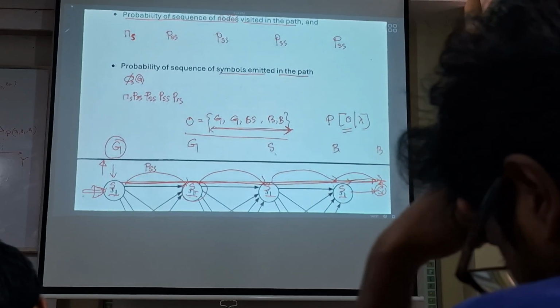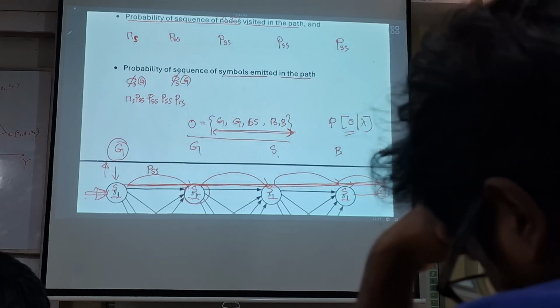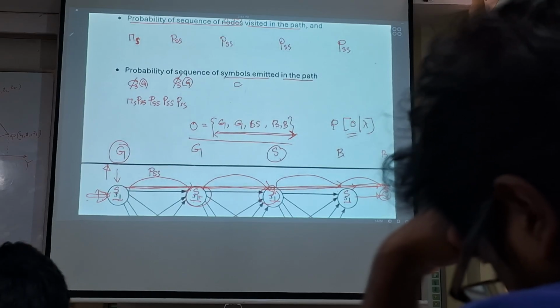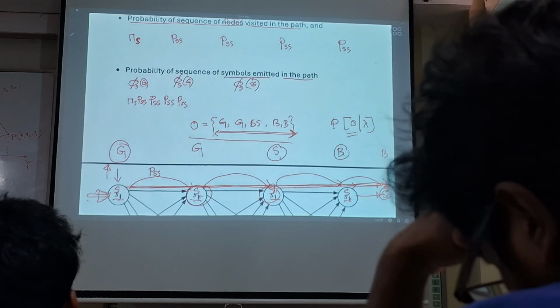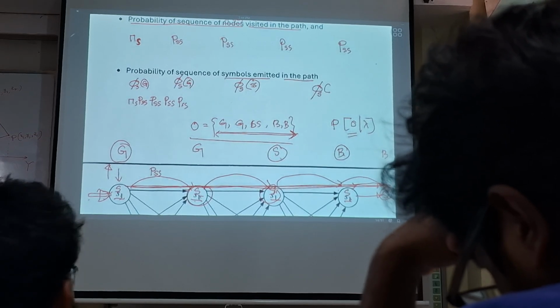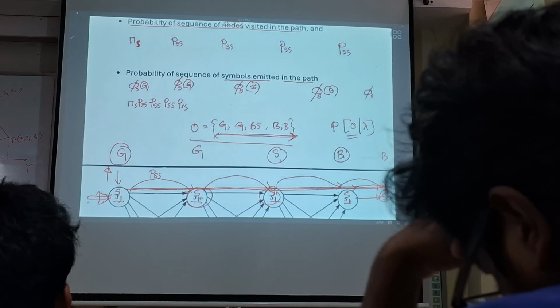When this is here, this will be φ_S. When it is here, the symbol is S, and the probability is φ_SS. When it is here, the symbol is B. The probability is that the chain is in S, the sunny state, and the symbol B is emitted.